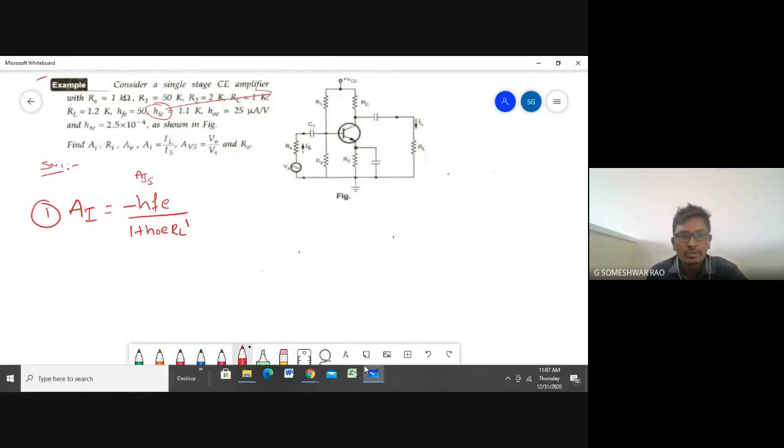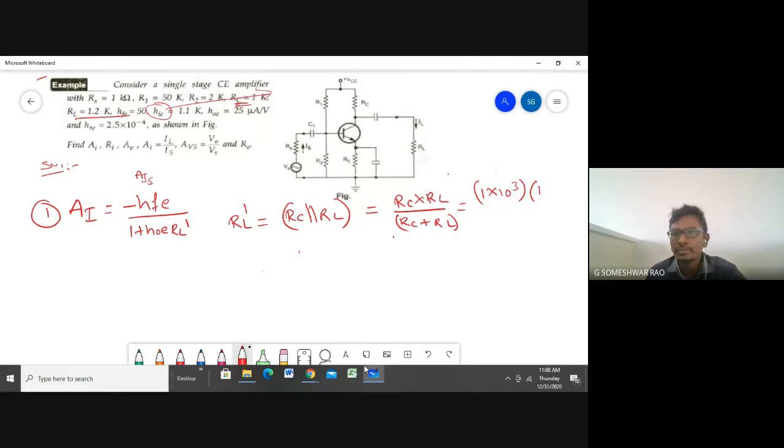What is RL dash? RL dash, we know that RC in parallel to RL. So what is RC? RC into RL. What is the formula for this? RC into RL by RC plus RL. So what is RC which is given? RC which is given as 1 kilo ohm, 1 into 10 power 3 multiplied by RL. What is the RL? RL which is given as 1.2 kilo ohm.